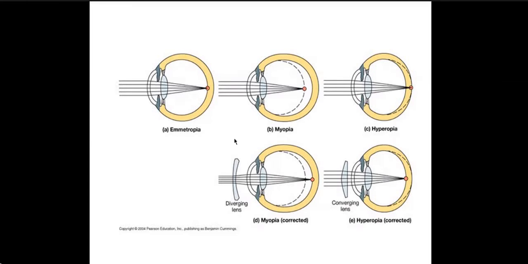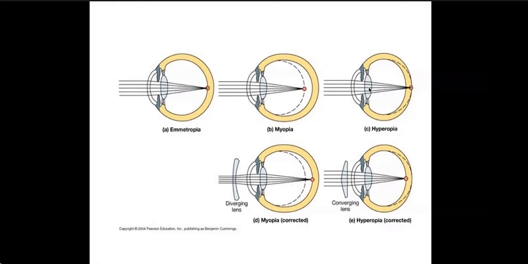So if the parallel rays are focusing on the retina, that is called emmetropia, that is the normal eye. If the parallel rays are focused far away from the retina, that is called myopia.